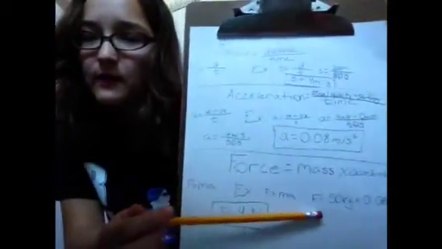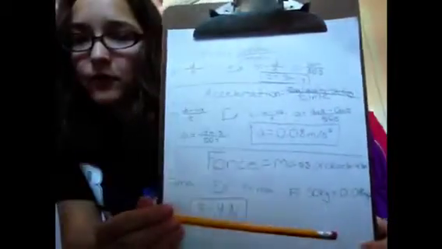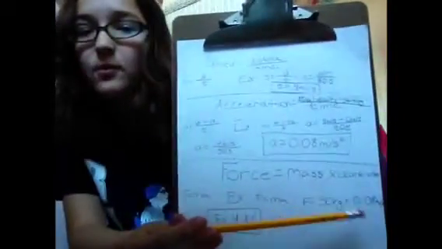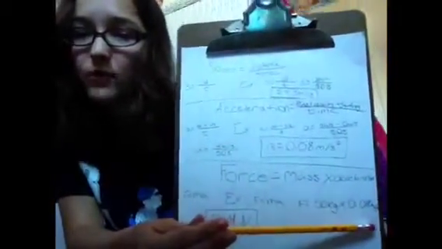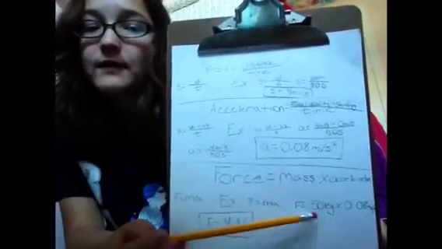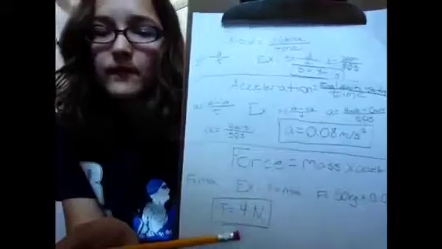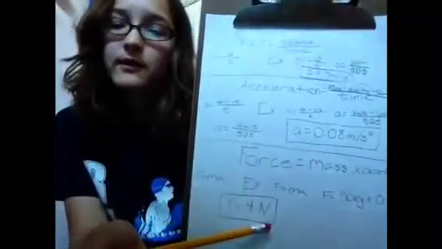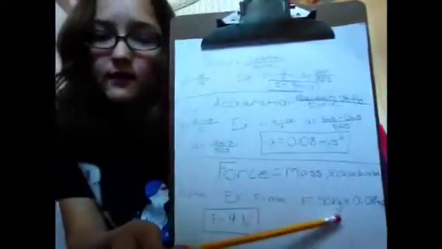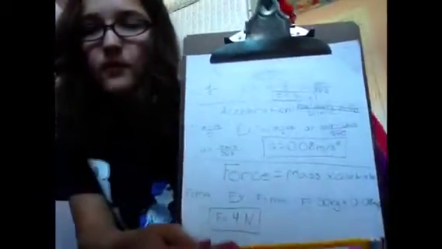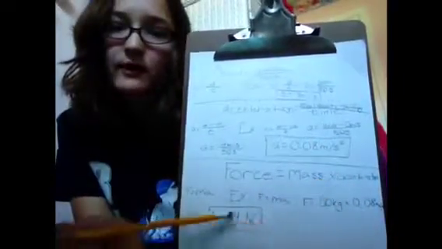In our example, say that the person was 50 kilograms, and their acceleration is still 0.08 meters per second squared. So you do 50 times 0.08, and then you get your force as 4 newtons, because kilograms times meters per second squared equals a newton.